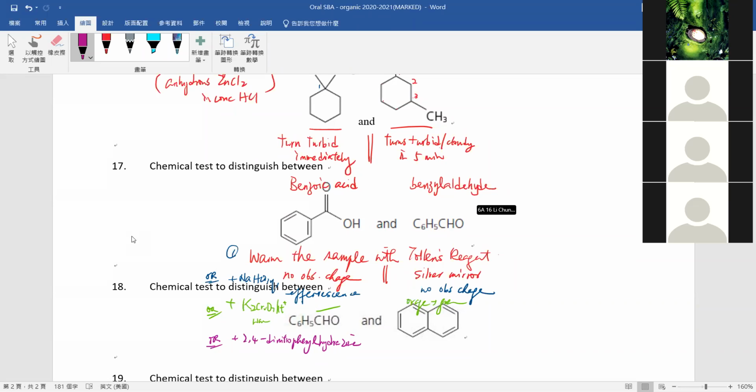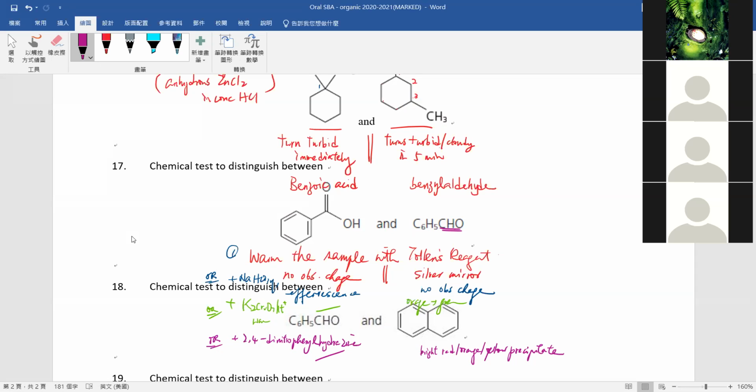Yeah, this is the one. You got a bright red, orange, or yellow precipitate for aldehyde, while for the acid, no observable change.